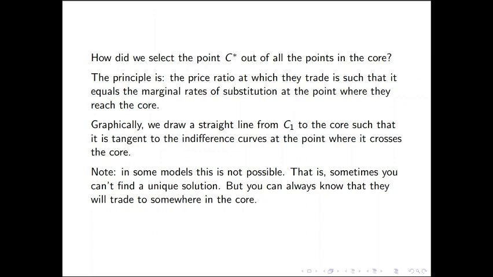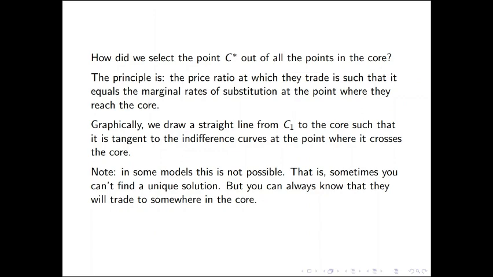Well, the idea is that when they trade towards the core, they must do so at a price ratio such that when they reach the core, the marginal rates of substitution for both players are equal to the price ratio at which they trade.